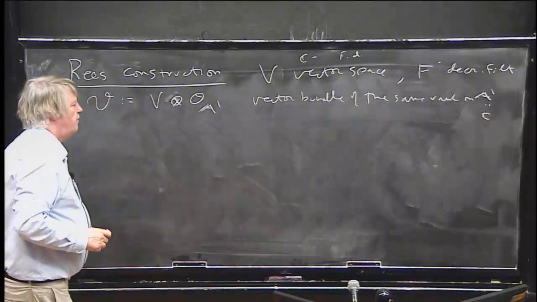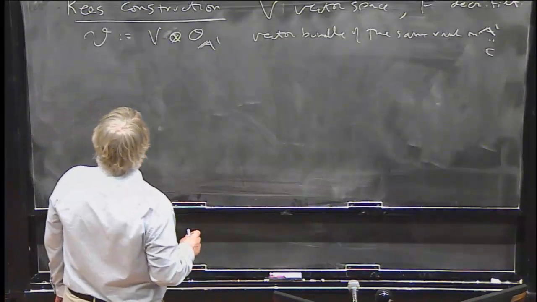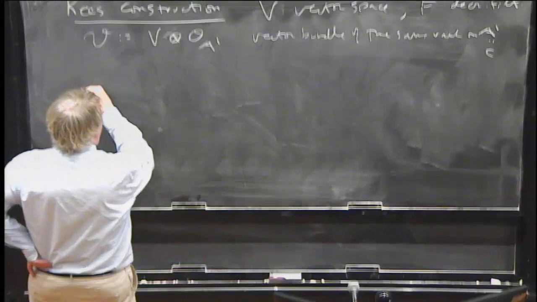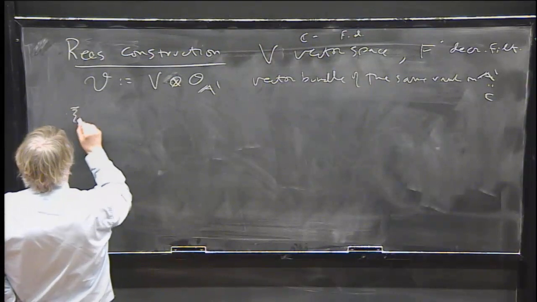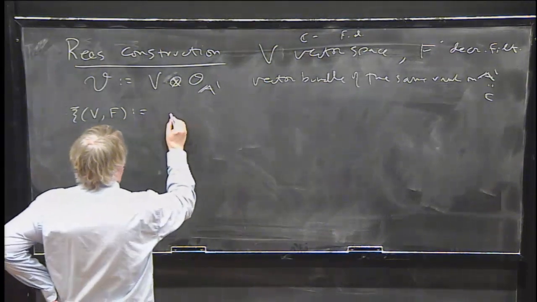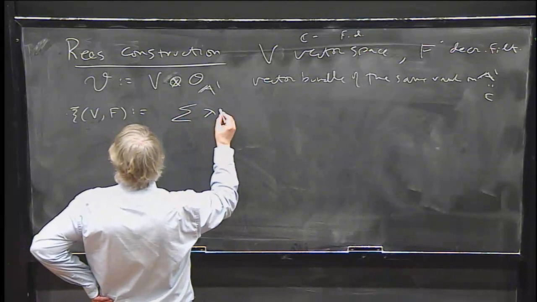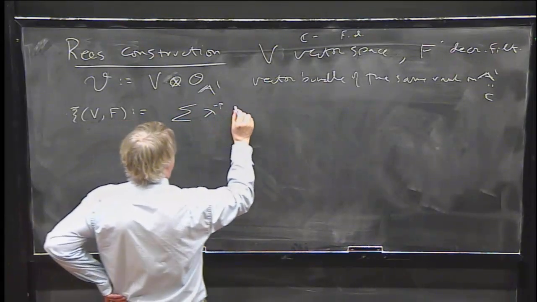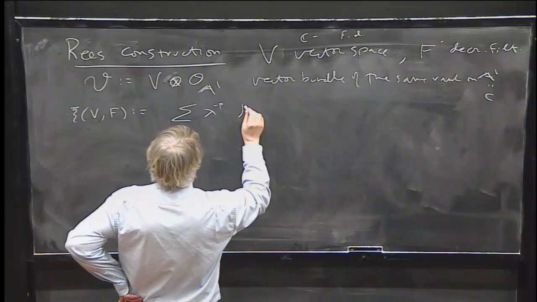Then we take the following thing. It's not really a sub thing, but it's a modification of this. So let's look at C of V comma F, to be defined to be the sum of lambda to the minus p times F_p. I think this is correct, but it could be mistaken.